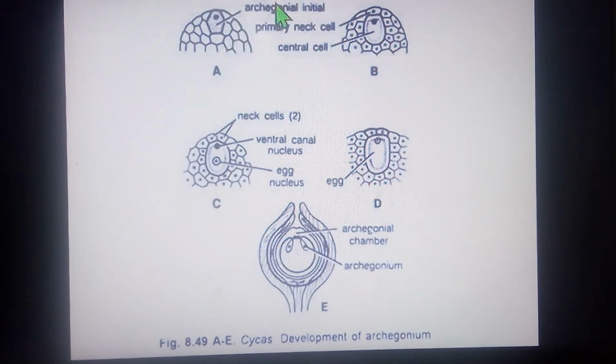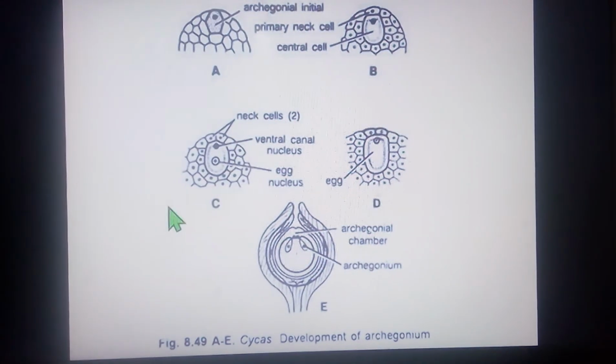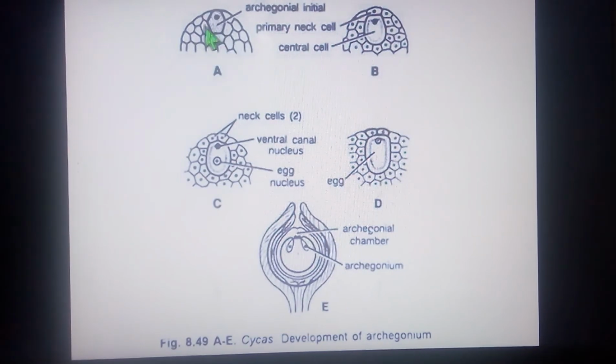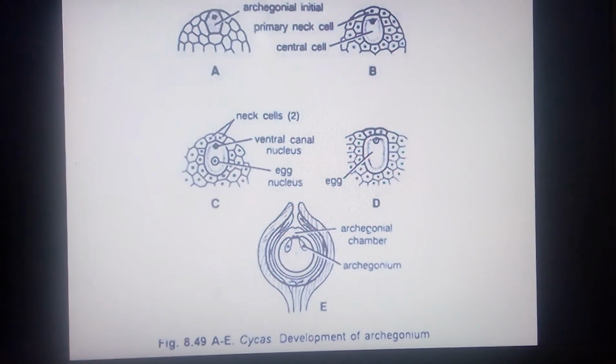Now each of the archegonial initial cells will start dividing by periclinal division. Now what happens after they start dividing? They will give rise to two unequal cells.